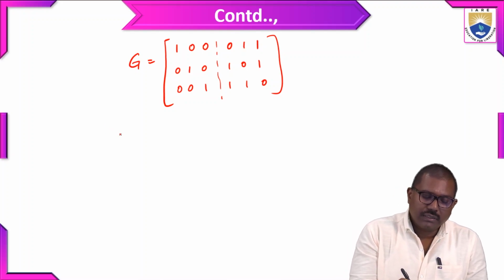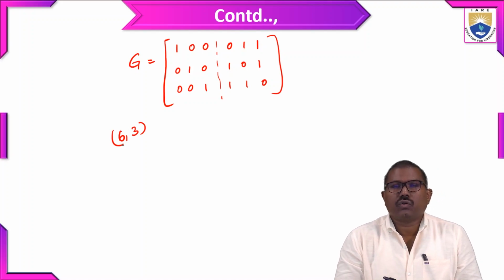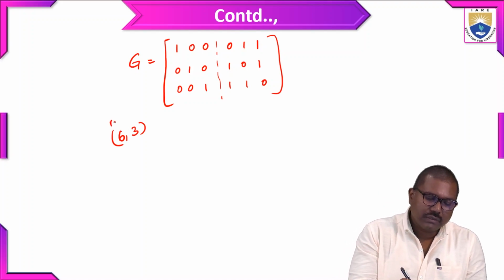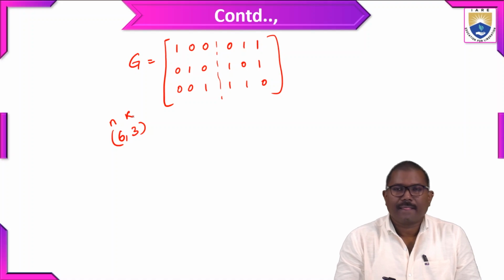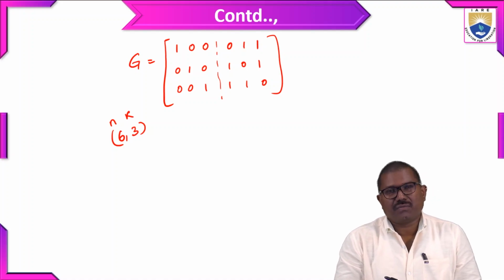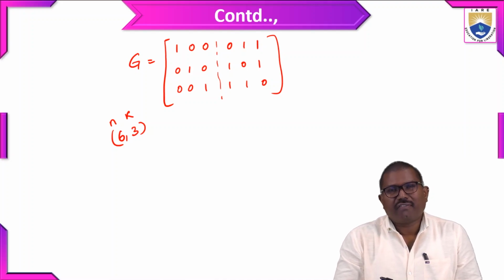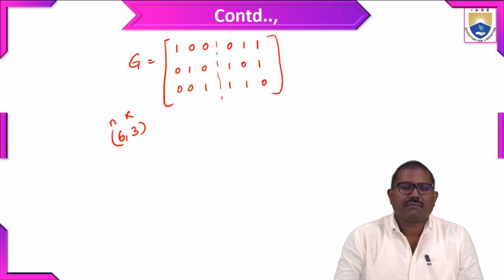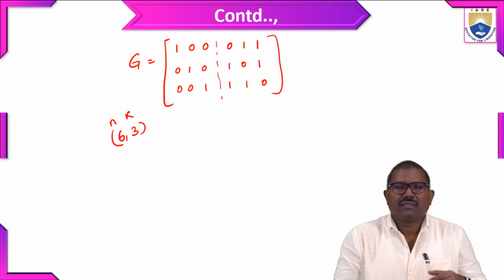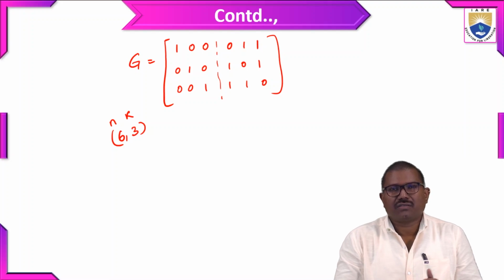So here, in the (6,3) block code, what do N and K represent? N is the code length, K is the message block. So in this problem, they ask to find all the code vectors. They don't say 3 code vectors or 5 code vectors or 8 or 16.